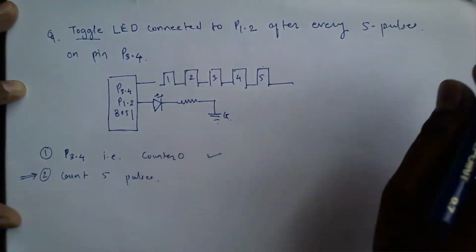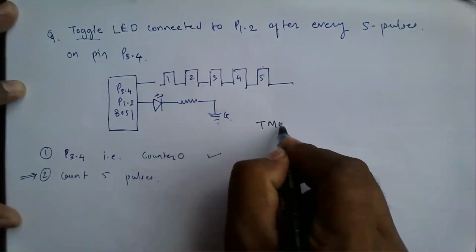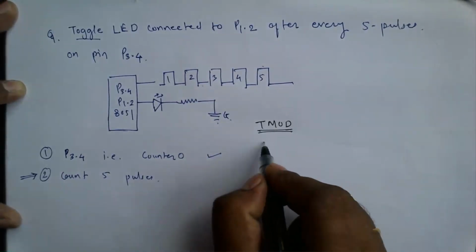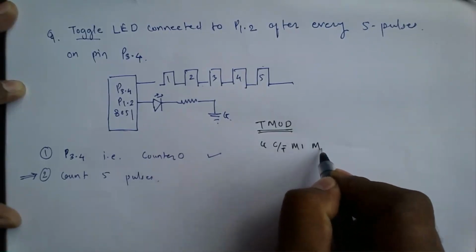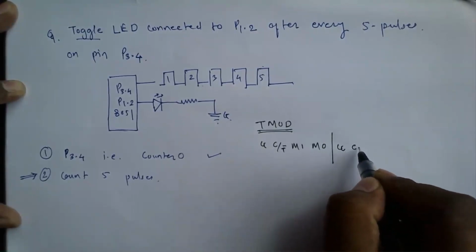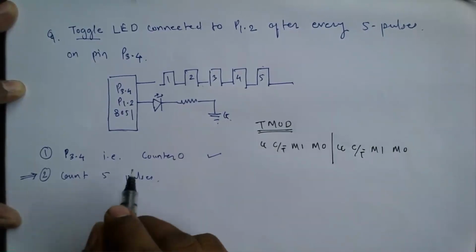So basically what would be the value of TMOD? Anybody? TMOD की value कैसे find out करेंगे? For this counter 0, क्या होता है TMOD? Gate, C/T bar, M1, M0, then gate, C/T bar, M1 and M0.